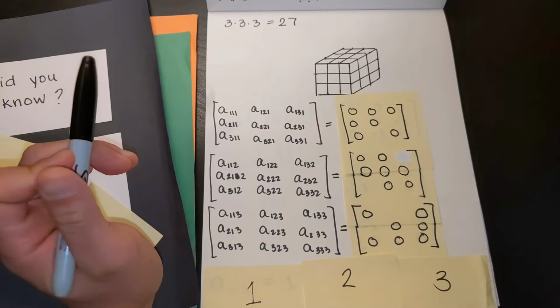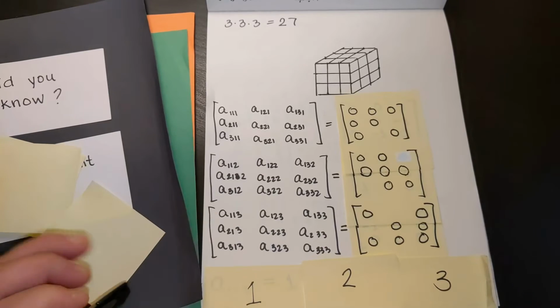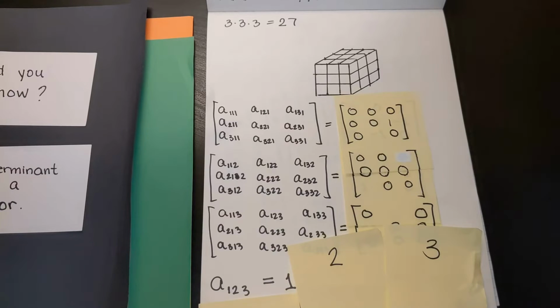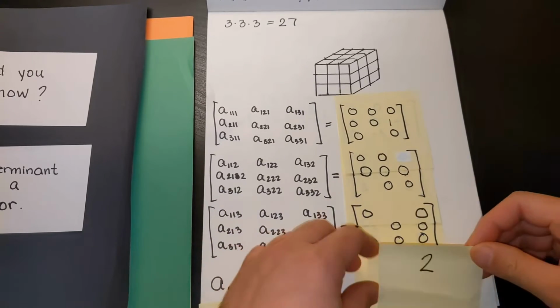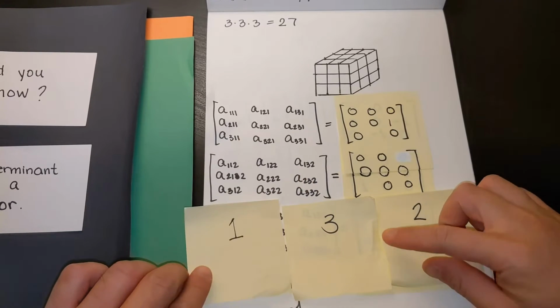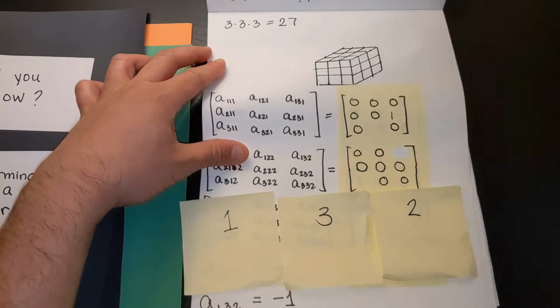We start with 1 2 3. The entry is 1, like this. If we switch just two numbers, let's say 2 and 3, so we got that 1 3 2. If we switch just one pair of two numbers, the entry is -1, like this.